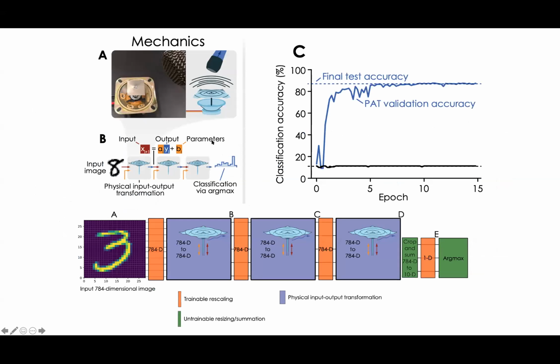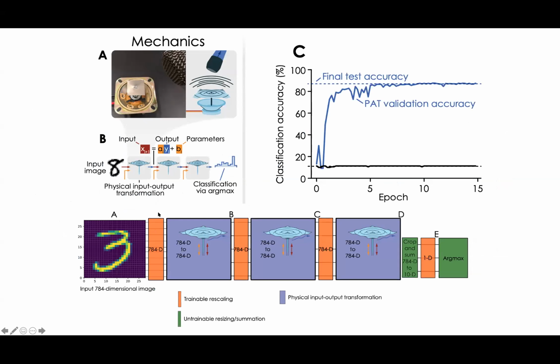Okay, and then it's a mechanical system. Actually, I think the mechanical system is a little bit boring, because they also remark that this one is not nonlinear. It's actually a linear operator.